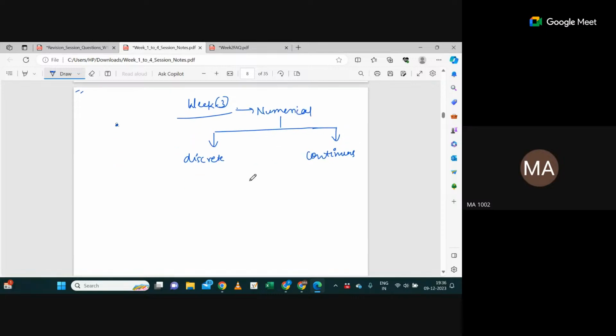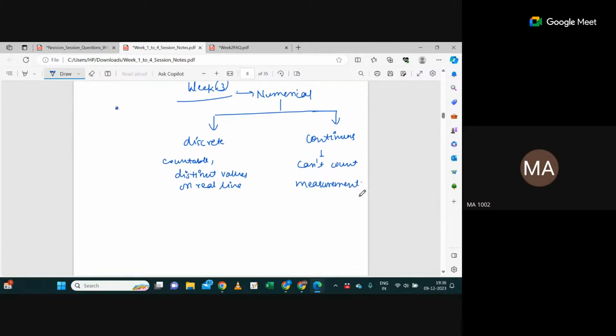It should be countable, and it should take distinct values on the real number line. And continuous is something we cannot count. It's a measurement, a measurable type of data.